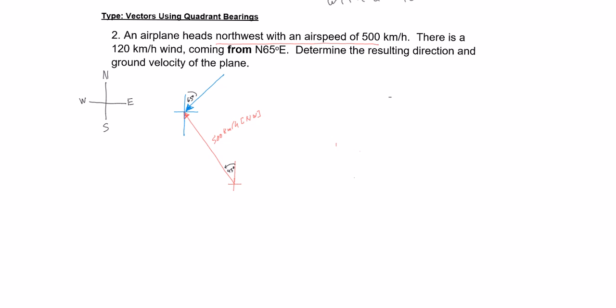Which means if I was drawing the direction vector from this angle here, it would essentially be south 120 kilometers an hour south 65 degrees west.